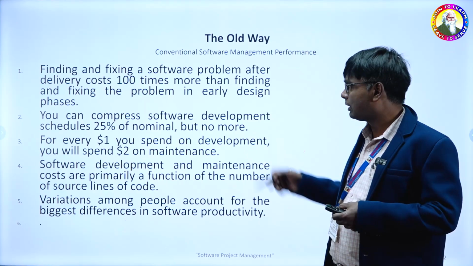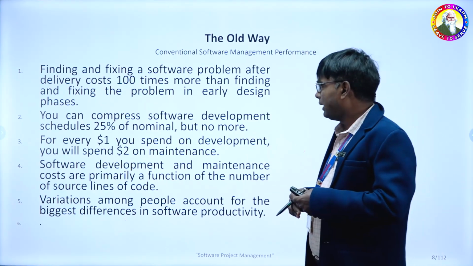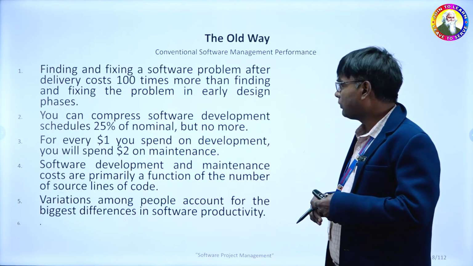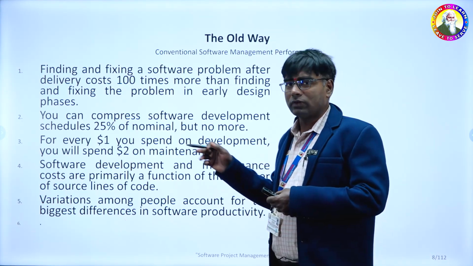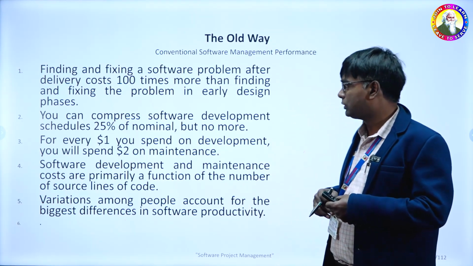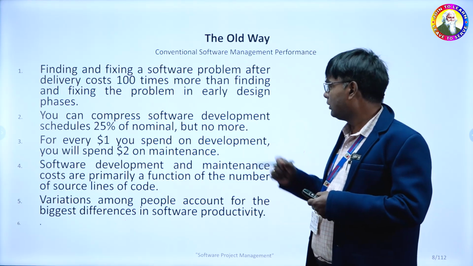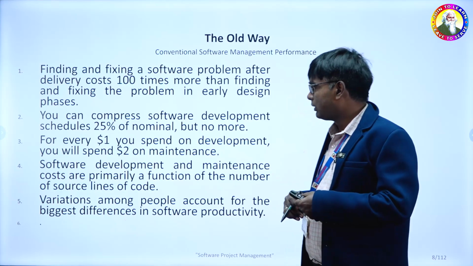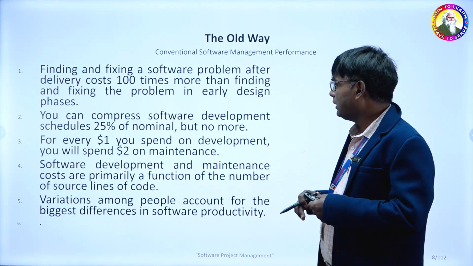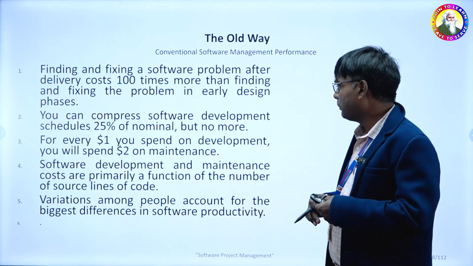That is the third point. Software development and maintenance costs are primarily a function of the number of source lines of code. So when you go for software development, coding plays a very important role, mainly focusing on development and maintenance costs, which are major functions here.